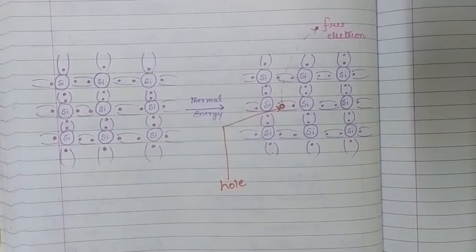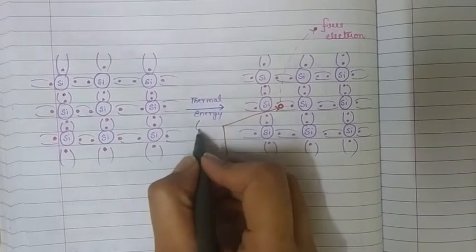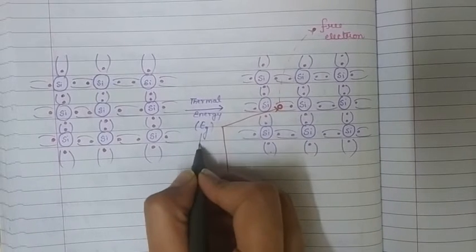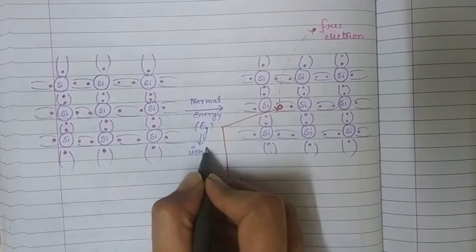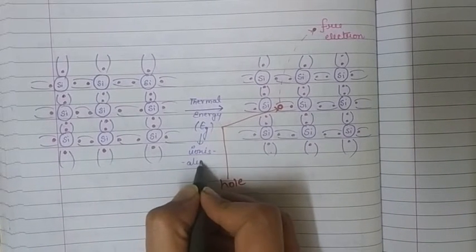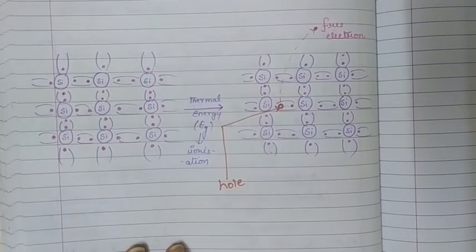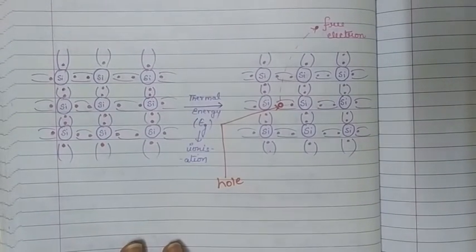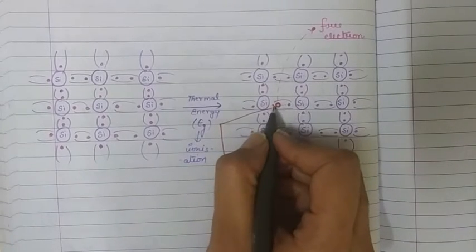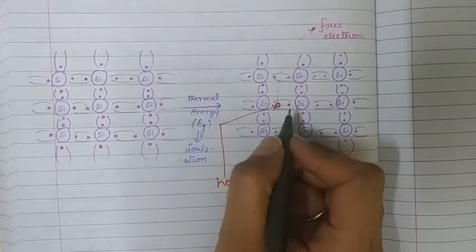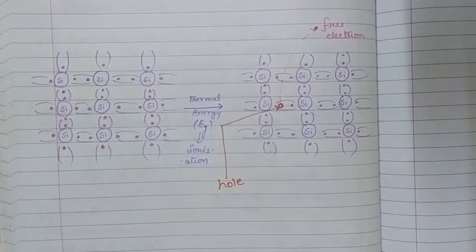When the electron gets that much amount of energy, Eg, or we call it ionization energy, it moves from valence band to conduction band, or we can say that it leaves the lattice and the vacancy it creates at its site is termed a hole.